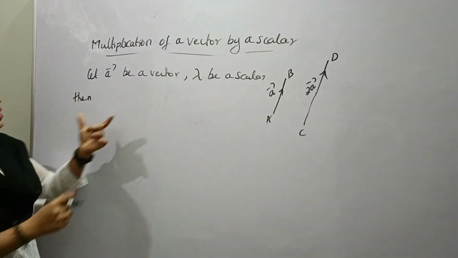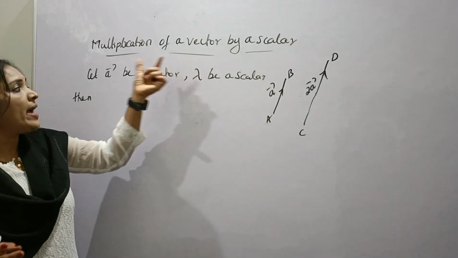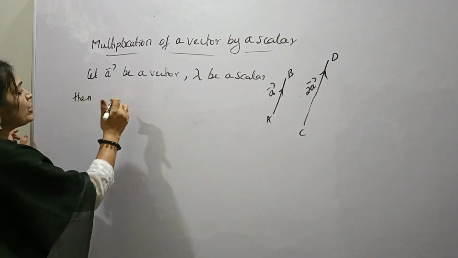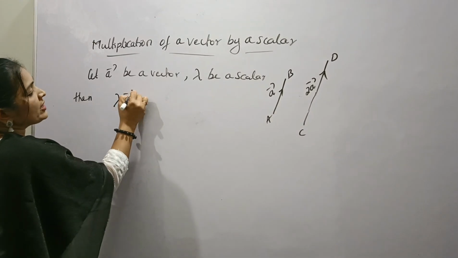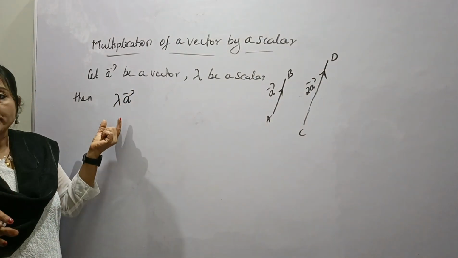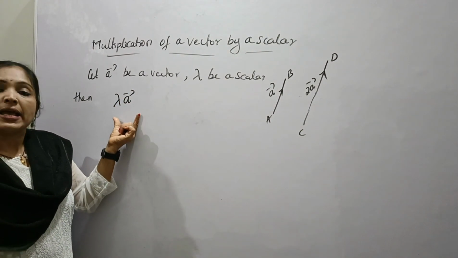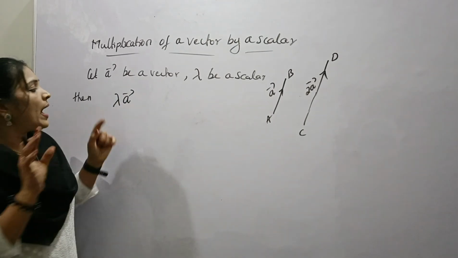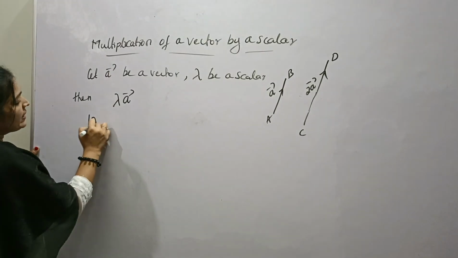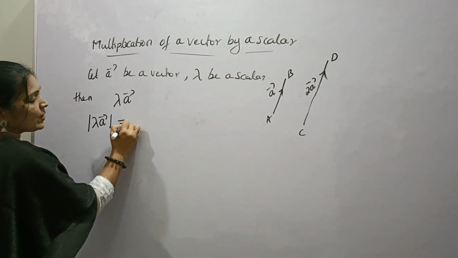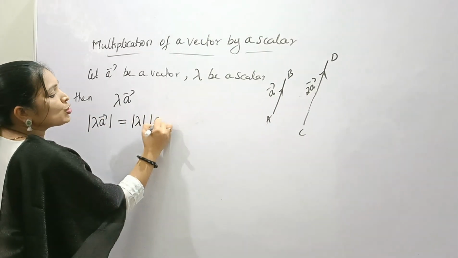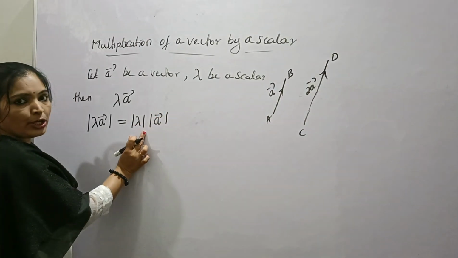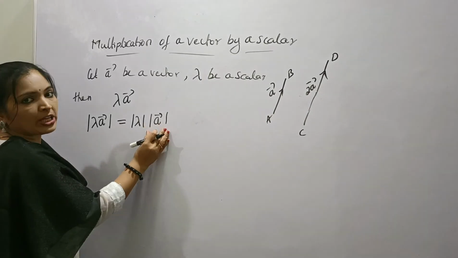Then the product of the scalar and the vector A is a vector, and it is denoted by lambda times vector A. Its magnitude is modulus of lambda A, equal to modulus lambda times the magnitude of vector A.